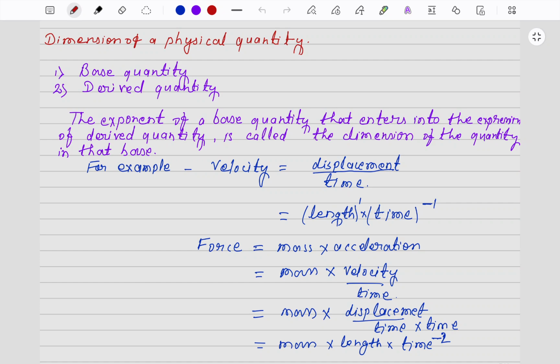So whenever we express a derived quantity in the form of base quantities, there is some power raised on each base quantity, and that power is called the dimension of that base quantity in the derived quantity.